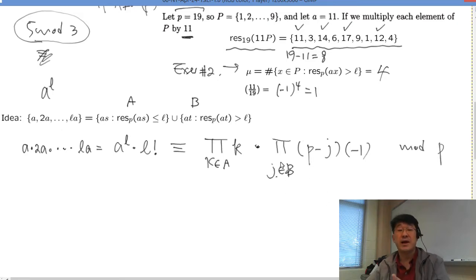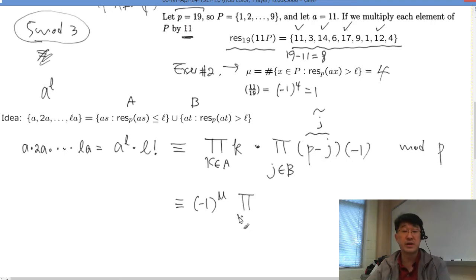So how many elements are in this B? That's precisely, by definition of Gauss's lemma, mu, right? How many of them are outside that in there, right? Okay. So this I'm just going to call J tilde. It's back in the half residue system. This one is here, half residue system. And this I'm going to call B tilde, and we're getting J tilde out of it.